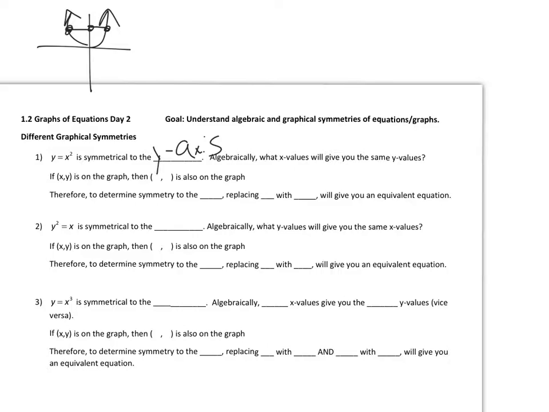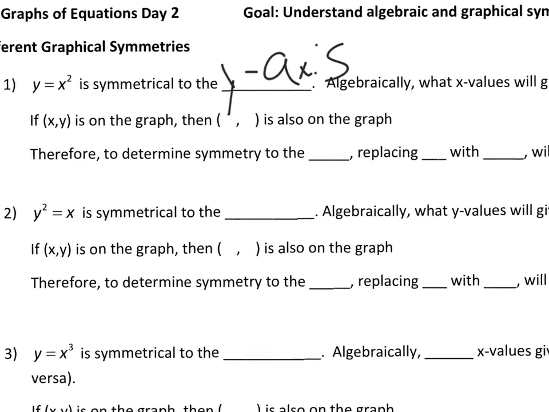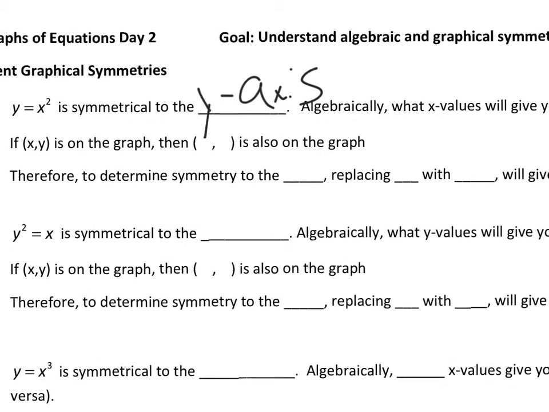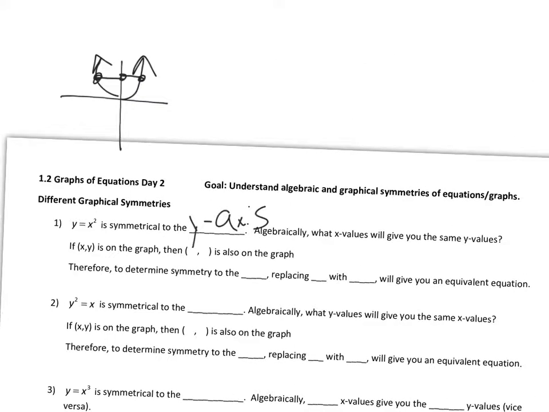Okay, I think I'm going to have to zoom in here some. There we go. Okay. Therefore, what we see is, if I come back up here, say I have this point right here, that's (-2, 4) and (2, 4), we see that opposite x values give you the same y value. When we get to functions, we'll talk more about that, but in this case, we're just looking at it in terms of equations.